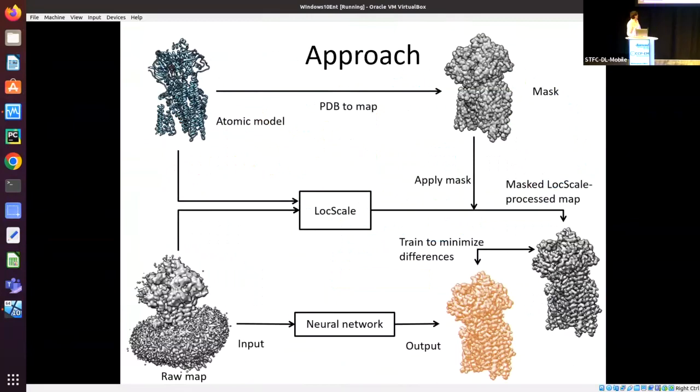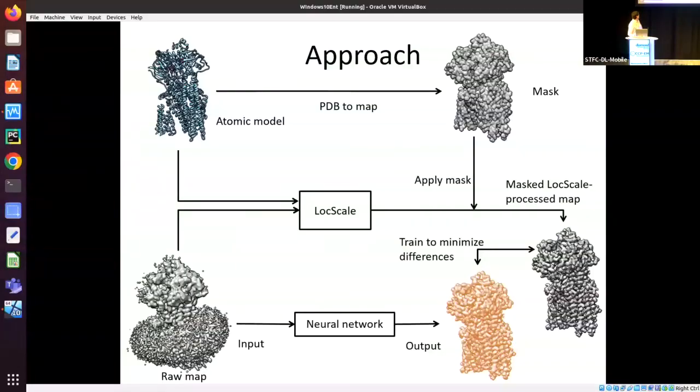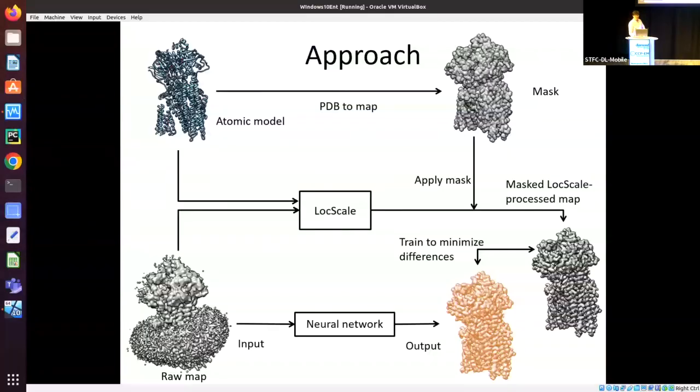From pairs of experimental maps and atomic models, we employ LocScale to post-process the maps, and we also compute tight masks from the atomic models. And applying the LocScale post-processing plus the masks gives you very high quality post-processed maps that look quite close to perfection in many cases.